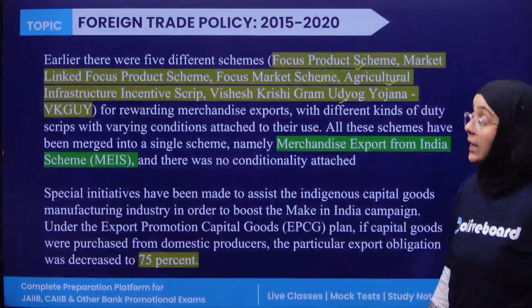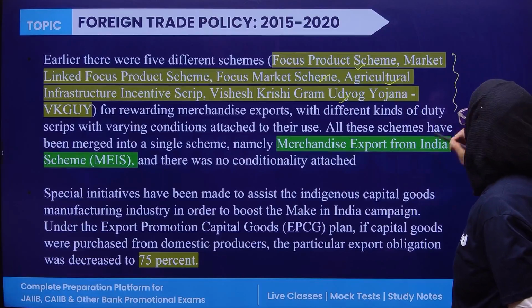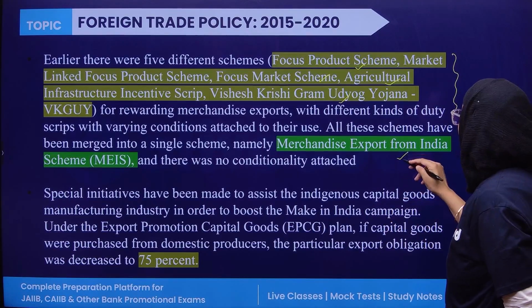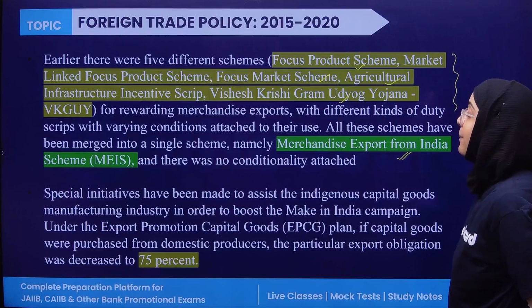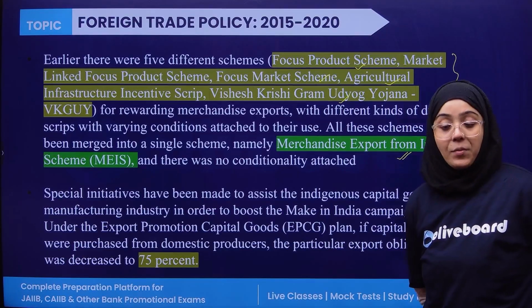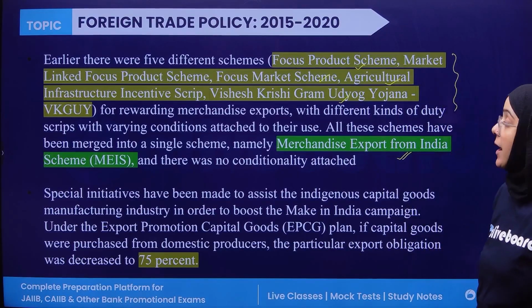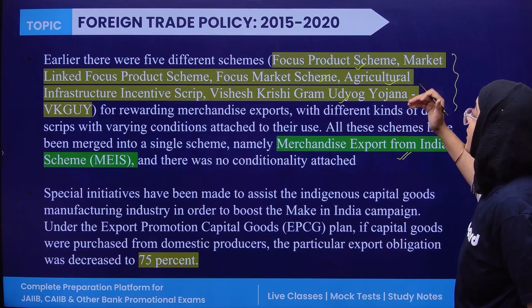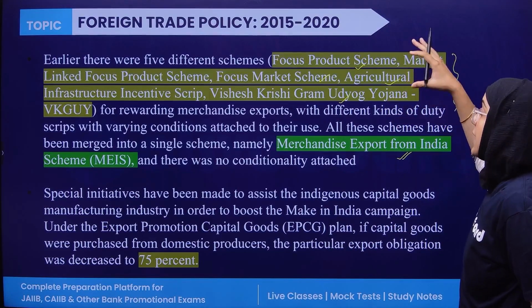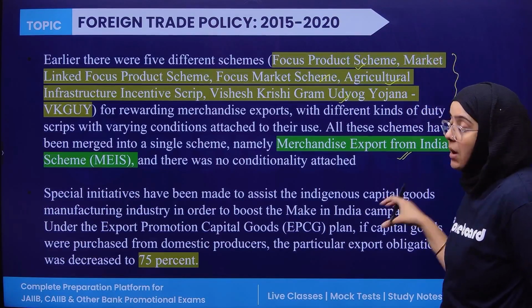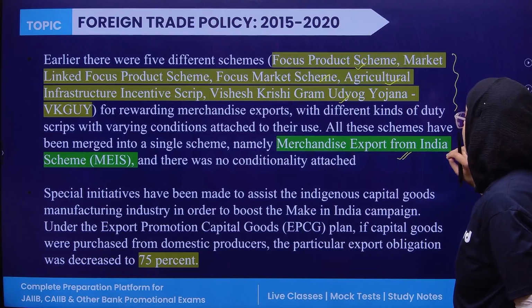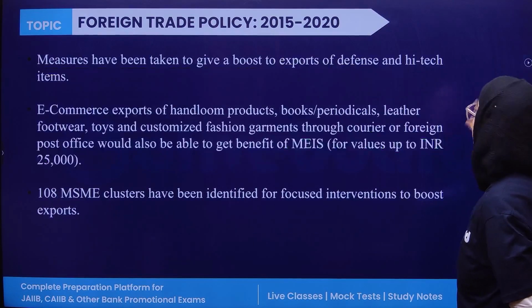Then these five different schemes have been merged into a single stream known as the merchandise export from India scheme. This is very important. Remember, earlier there were five different schemes. Now these schemes have been merged into a single stream, known as the merchandise export from India scheme.